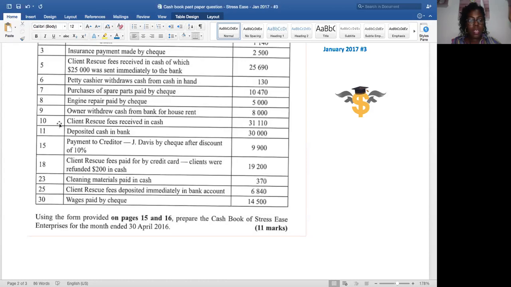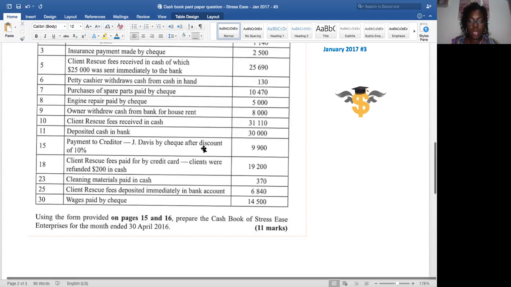Number 10, client rescue fees received in cash. So we got cash. They didn't tell us anything about by check, or that it was deposited to the bank. So this $31,110 has to be recorded under our cash column.